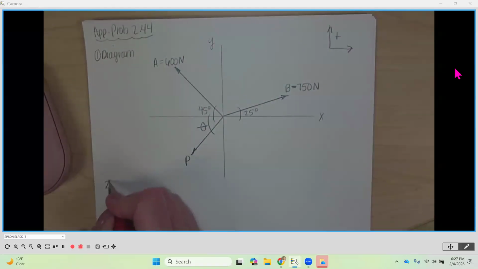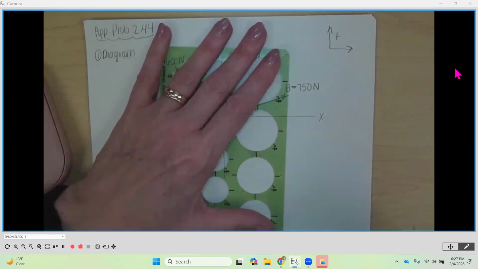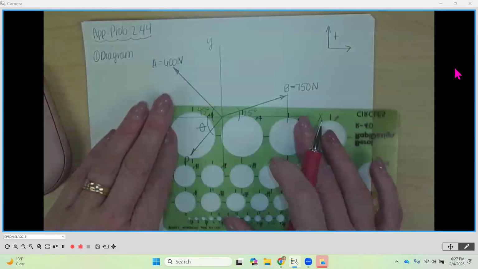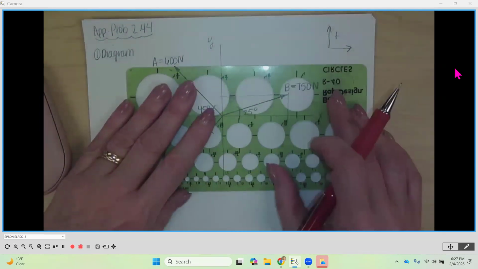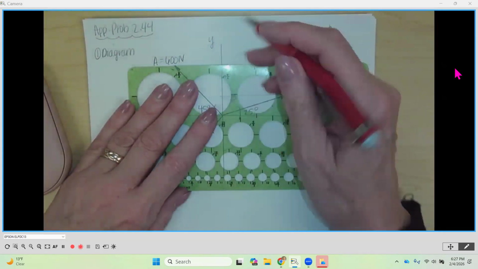Step number 2, we know, is going to be components always, right? So that means we need to go back up here and draw our components in place and label them. So go ahead and do that for each one of the forces here.